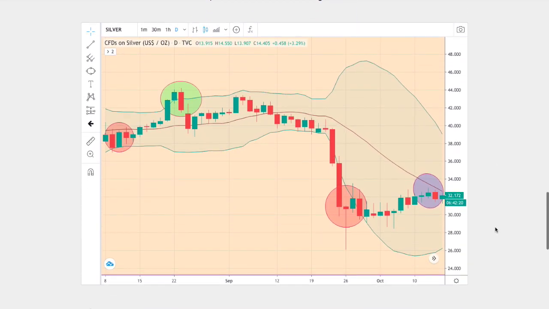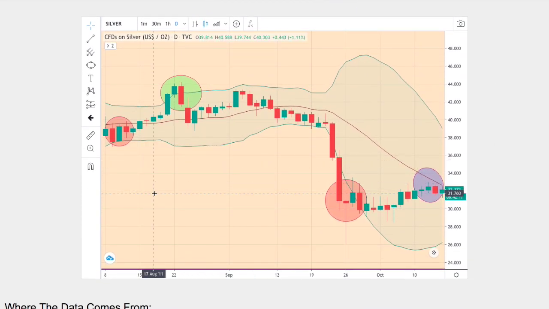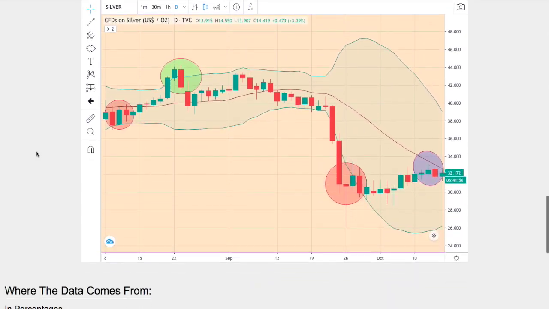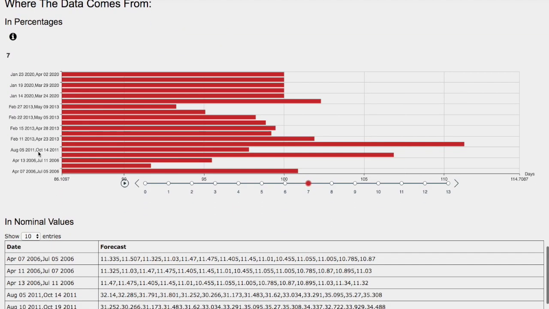The trend in question dates back to August 5th, 2011 to October 14th, 2011. So we start off touching the bottom Bollinger Band, the upper Bollinger Band twice, the bottom Bollinger Band, and revert back to the mean. So what we have is 1, 2, 3, 4 points. We also have 1, 2, 3, 4 points. So there is reason to believe that the trends and patterns are the same. The outcome and forecast should be fairly the same.